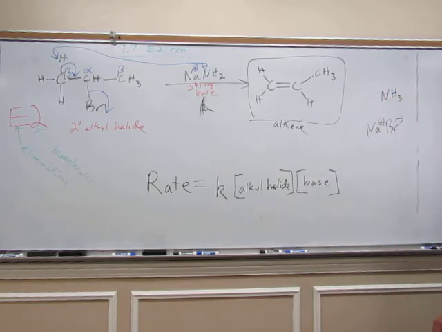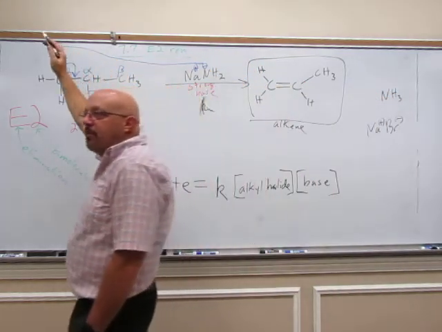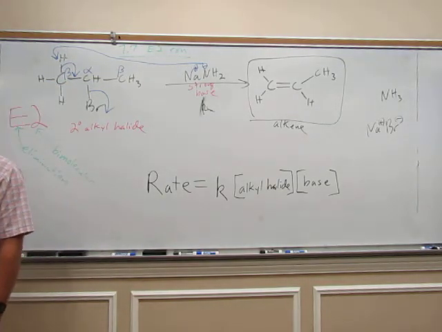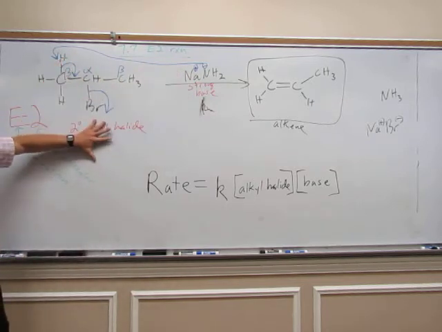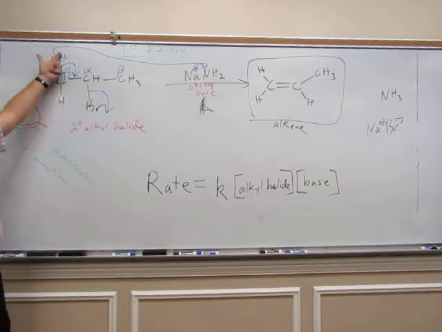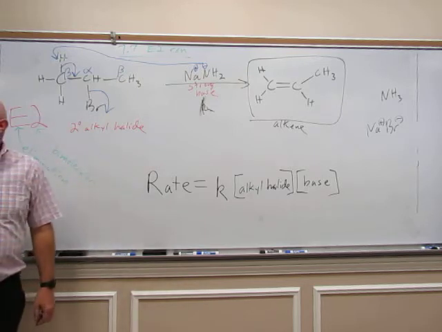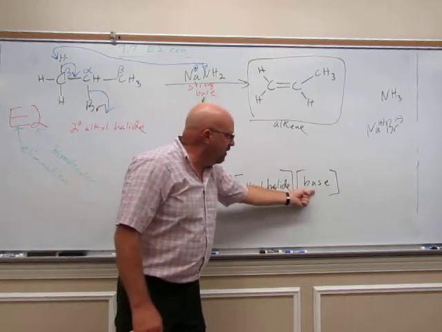Anything else? Nope. That's all that's got arrows on it. You're looking at your mechanism, look where the arrows are, the curved arrows. That's what's involved. The base is involved, it comes and grabs the hydrogen, and the alkyl halide's involved. It's losing the hydrogen and losing the bromine. There's our rate equation for this reaction. So you can see where they get the 2. The rate depends on the concentration of 2 species.